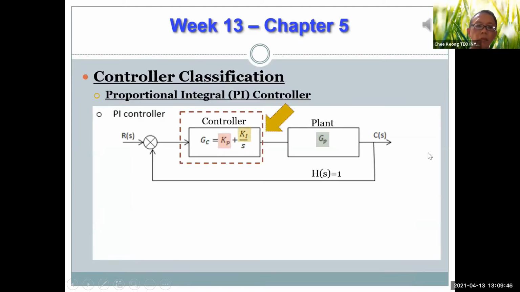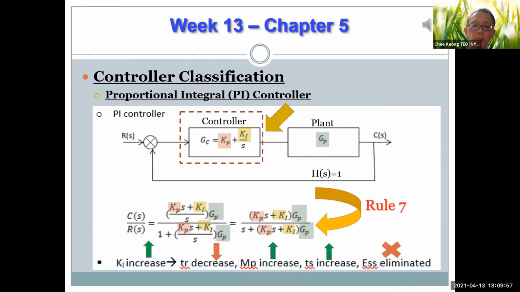Let's now take a closer look at the PI controller equation. Gc will only contain Kp and Ki over S because the D controller is not used. Using Rule 7 for negative feedback in block diagram manipulation, the C(s) over R(s) transfer function can be simplified to bracket KpS plus Ki multiplied by Gp over S plus bracket KpS plus Ki multiplied by Gp.